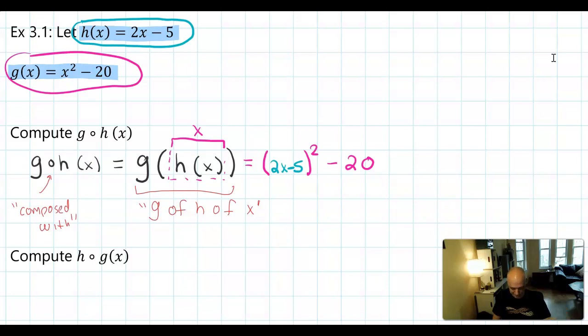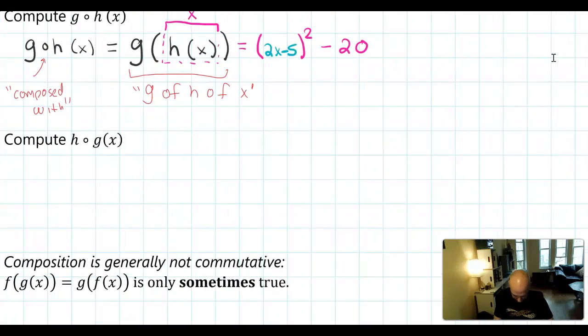Then, almost always, there's some substantial simplification that you have to do. So let's do that.